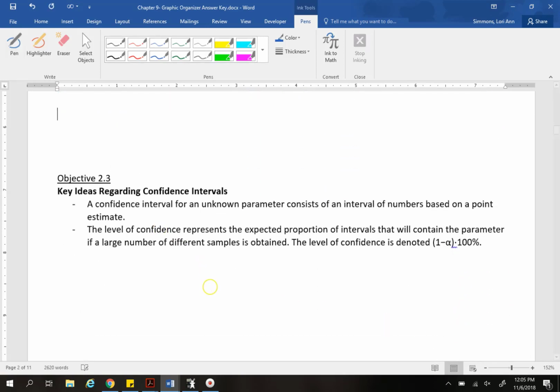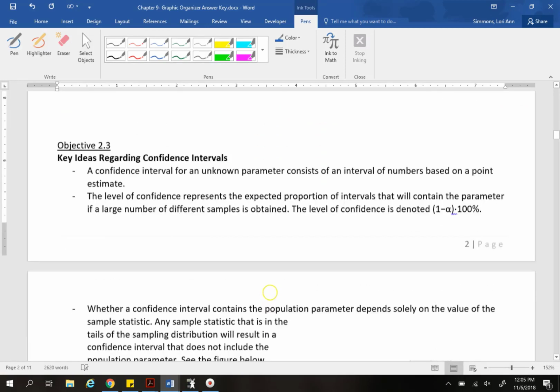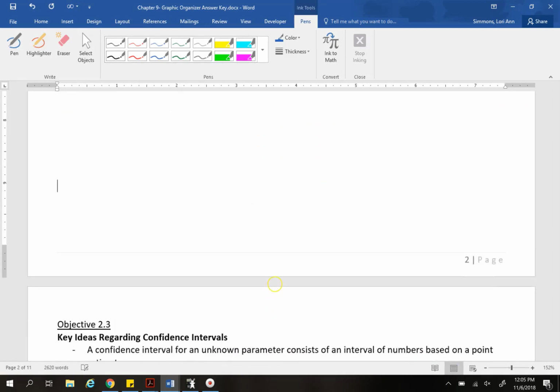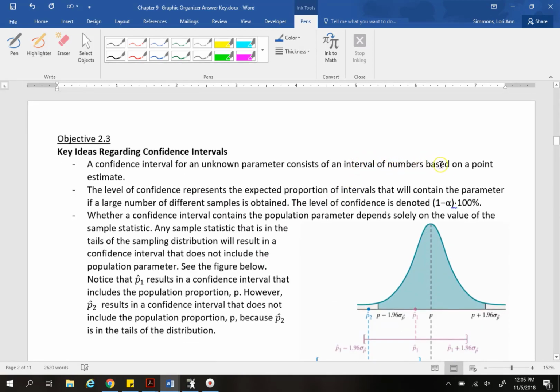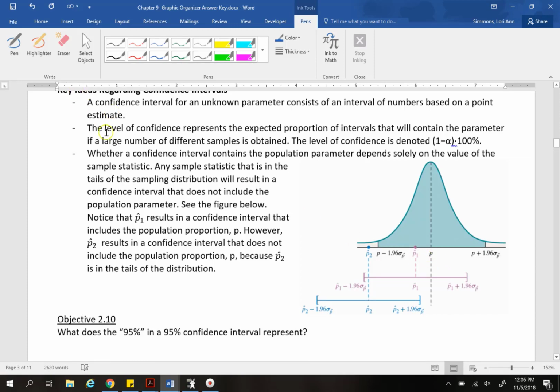So let's look at the key ideas regarding confidence intervals. First, a confidence interval for an unknown parameter consists of an interval of numbers based on a point estimate. The level of confidence represents the expected proportion of intervals that will contain the parameter if a large number of different samples is obtained. The level of confidence is denoted 1 minus alpha times 100%.